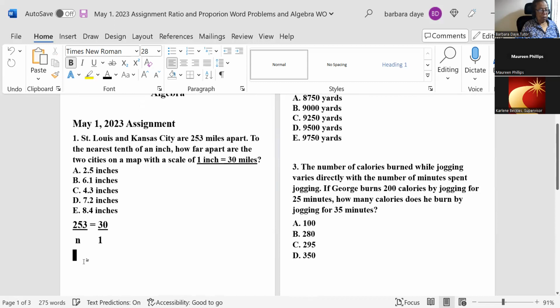So cross multiply. And what would that give you? Let's put our N on the left side. So you'd put your 30 in first, right? So you'll end up with your N on the left. So what is that equal to? 253 times what?